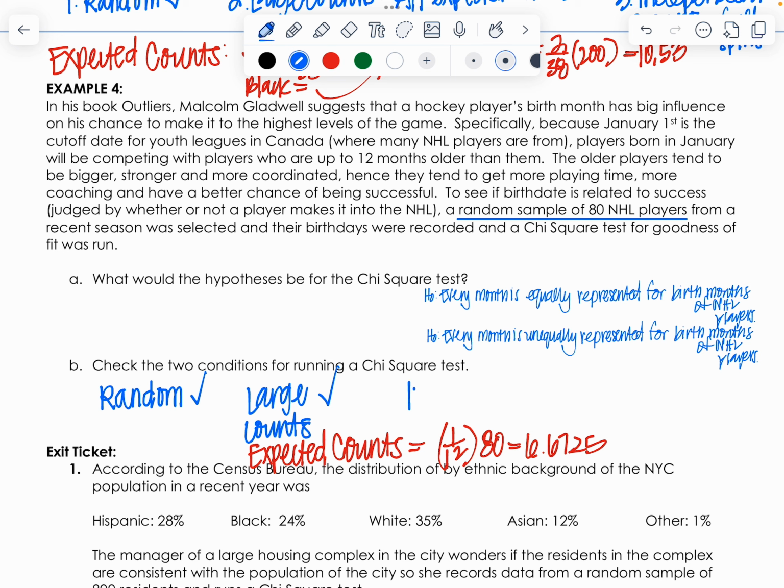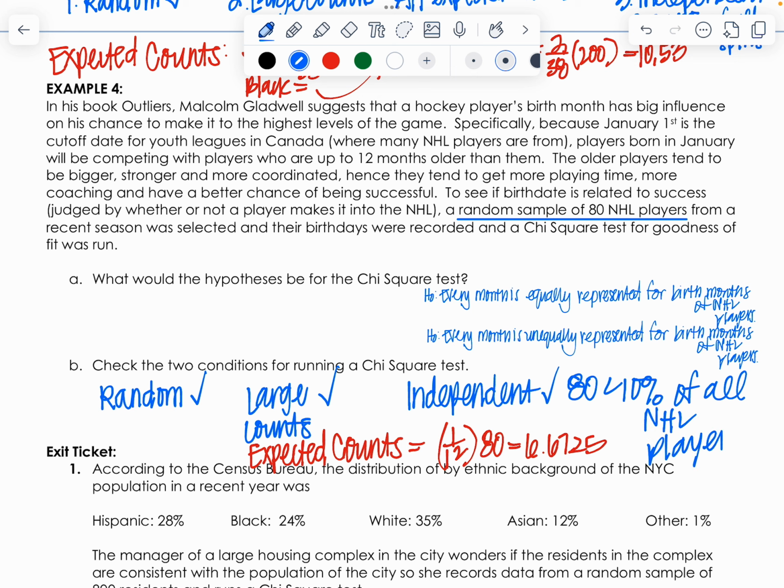And then independent, that is checked off because 80 is definitely less than 10% of all NHL players. All right, and so that shows you this goodness of fit when we're checking the accuracy of a given distribution.